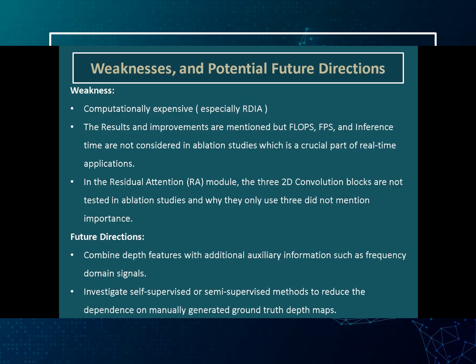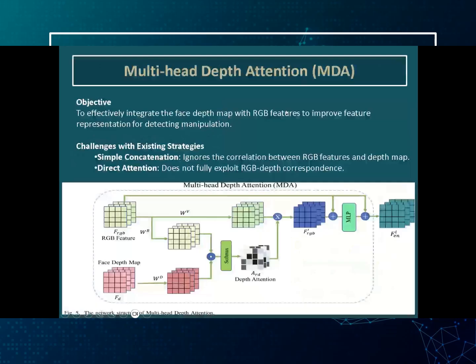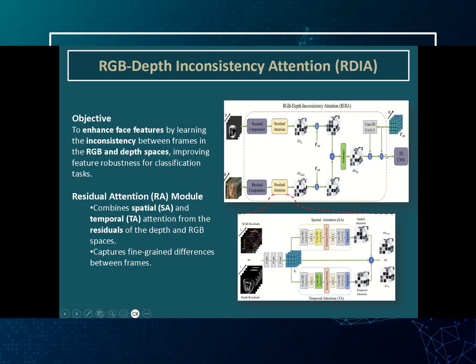Here come the weaknesses and some potential future directions. About the weaknesses, if we see here the RDI, their modules, this is MD, this is RDI. First they're finding the residual computation, then they are doing some attention. Again here, residual attention is again spatial attention, temporal attention.